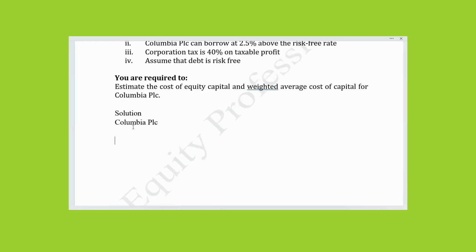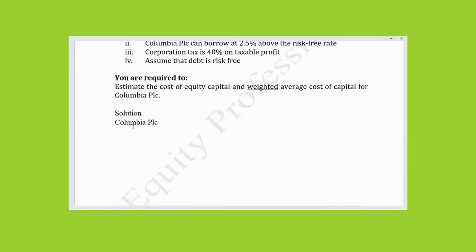Then step 2, you ungear the beta if it is geared. Step 3, you calculate market value of equity and debt of each activity. Step 4, you calculate weighted average asset beta. Then step 5, you regear to incorporate financial risk of the company. Then step 6, you calculate cost of equity. Step 7, you calculate WACOCA. That's all you need to do. It's not more than that.